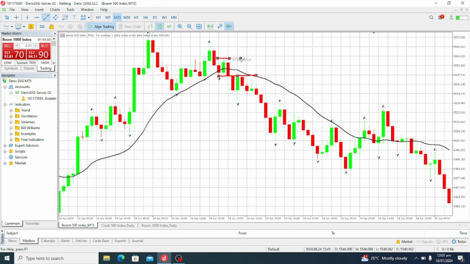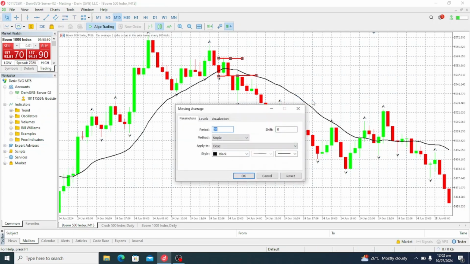And the setting of the EMA, which is this, is just simply period 20, mode simple, apply to close. That is simply the setting for the moving average.